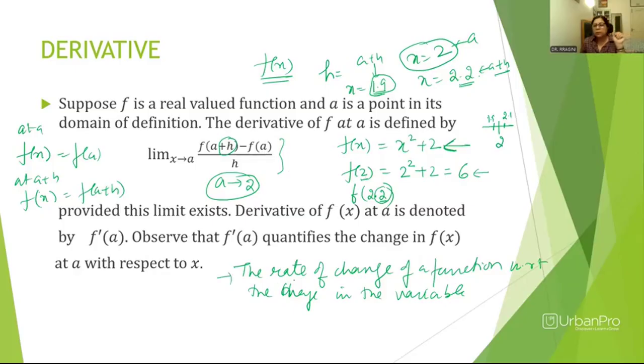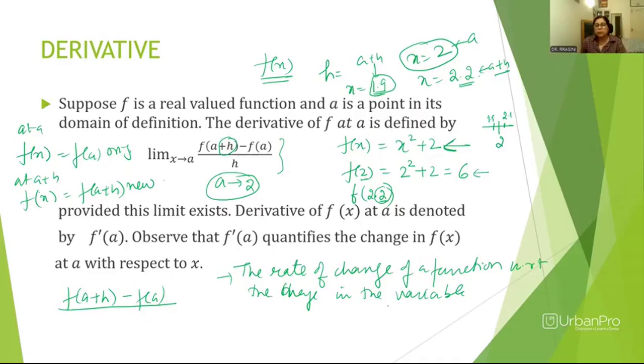What did we define here? The rate of change of function. Change of function. What is the change? This was the original value and this is the new value. So what is the change in function? It is the difference of these two, f(a + h) minus f(a), right? So this is the change in function with respect to, meaning divided by, the change in the variable.